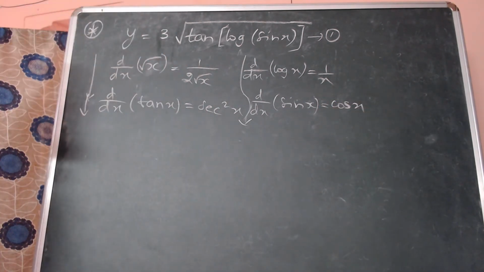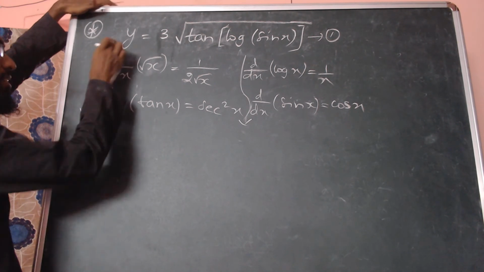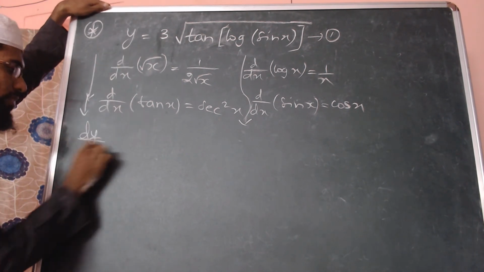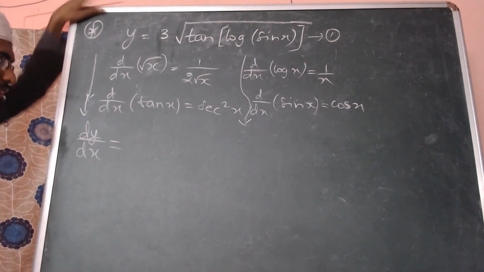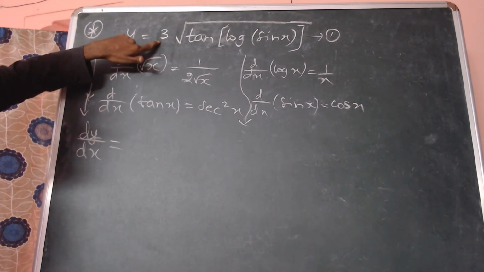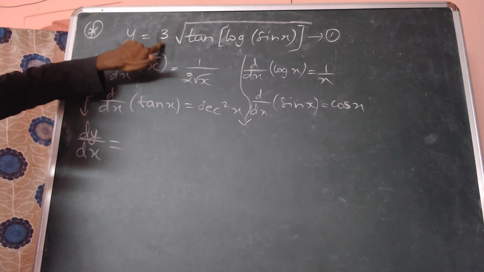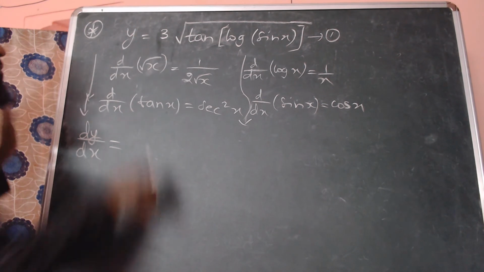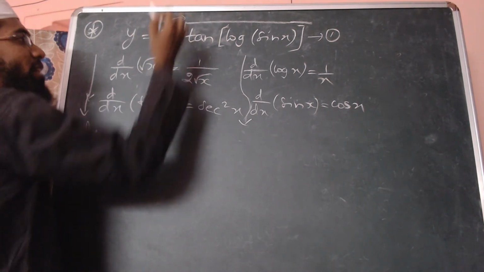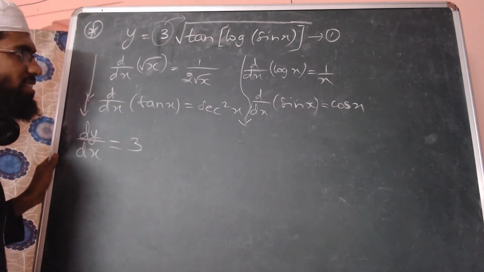Now, on the left hand side, as usual, I am not writing the differentiate with respect to x. You can write dy by dx equal to 3. 3 is a constant, but it is in product with the variable. It is not 3 plus root of, it is 3 into root of. So just write that 3 as it is, then differentiate this.